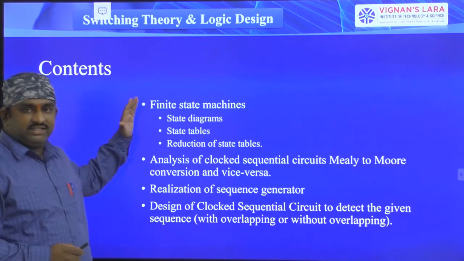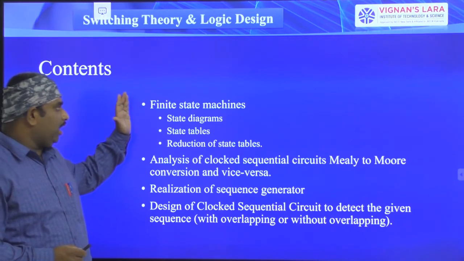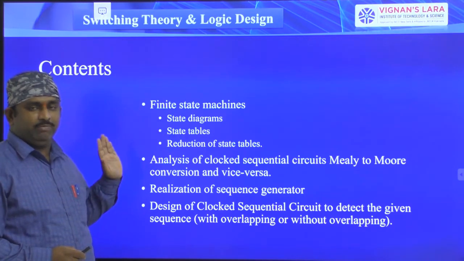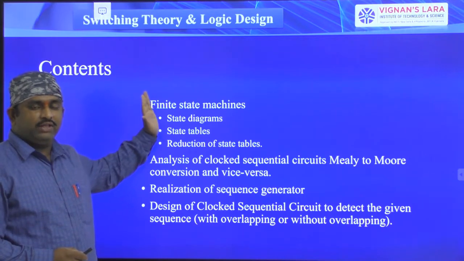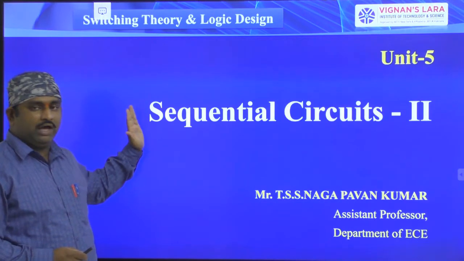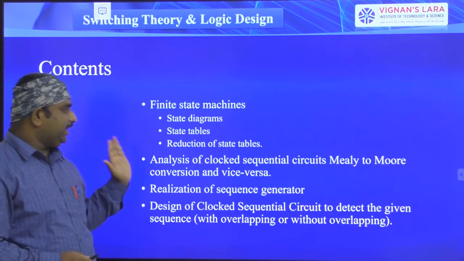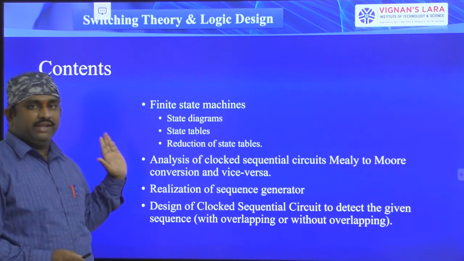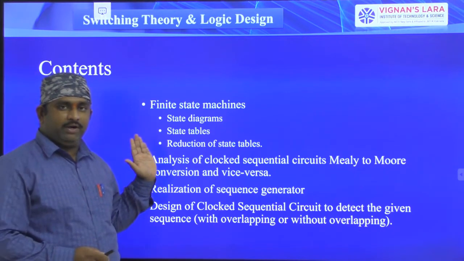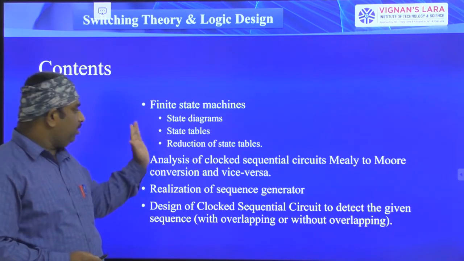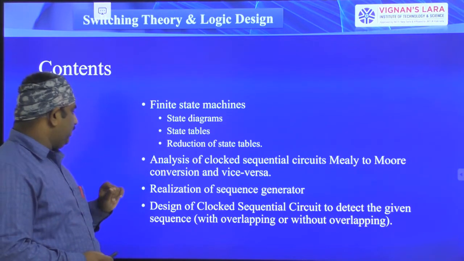We will discuss the concepts in this unit. First one, finite state machine. For understanding the finite state machine, we have to know the basic definitions of state diagrams, state tables, and we have to see the reduction of state tables. For implementing finite state machine, we have to know these three parameters.